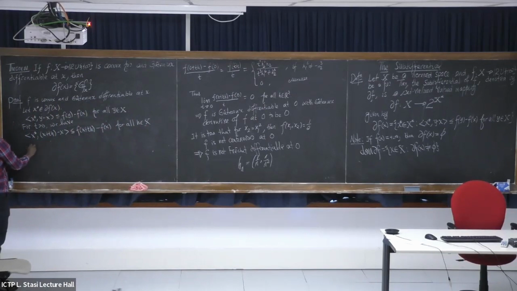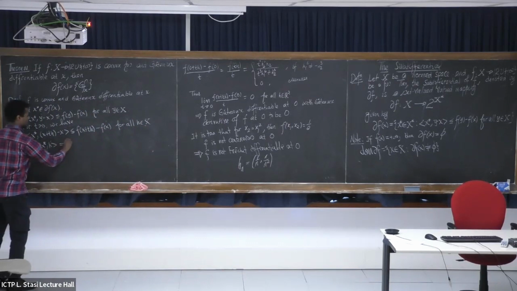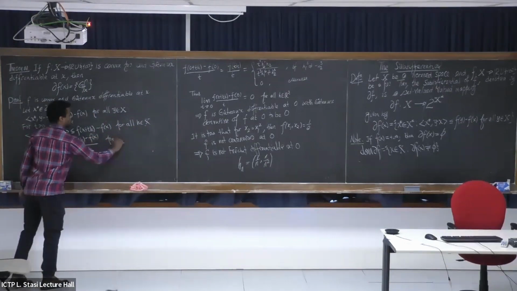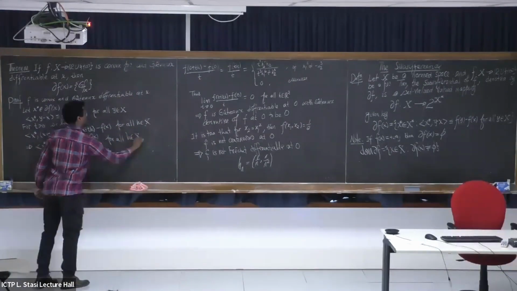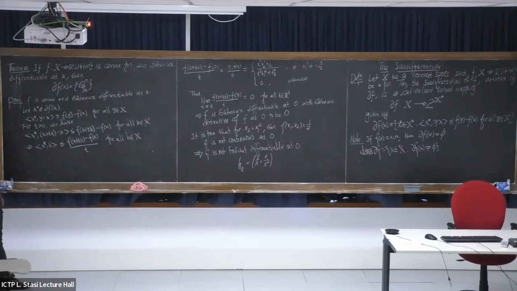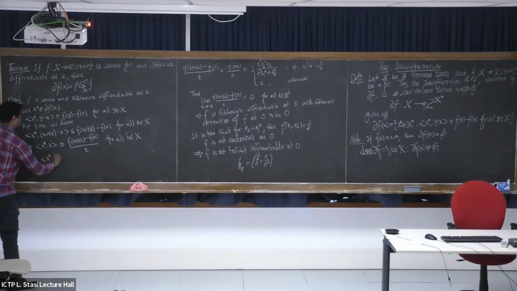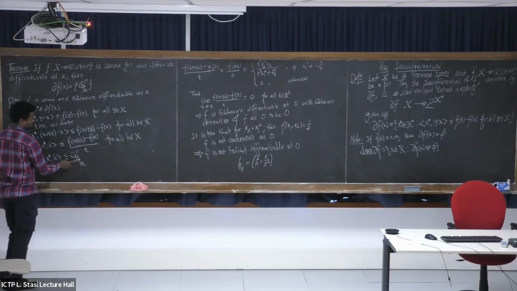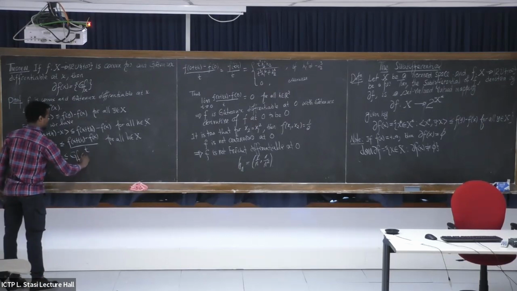Then from this we divide by t. This is less than or equal to f of x plus th minus f of x over t, for all h in X. So taking the limit as t goes to 0, this is obviously the Gateaux derivative of f, meaning the directional derivative of f at x in the direction of h.